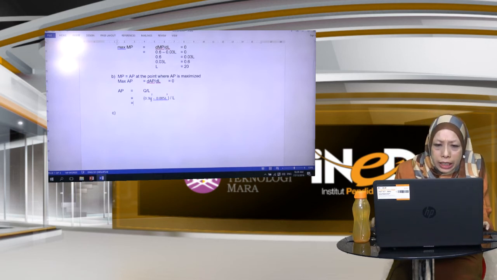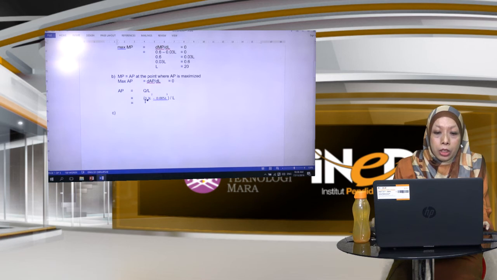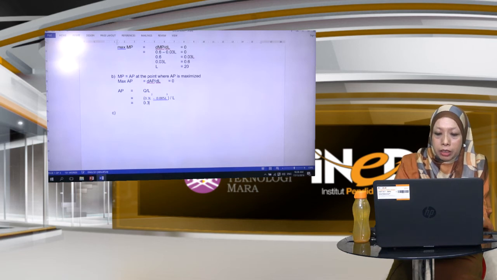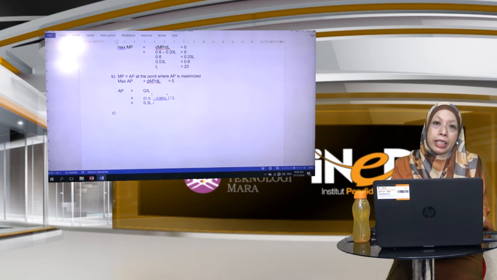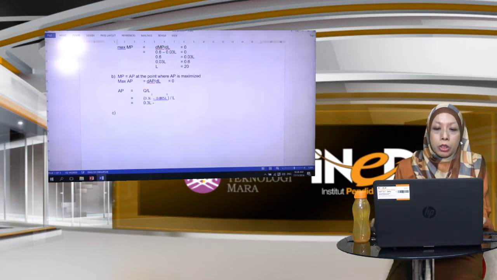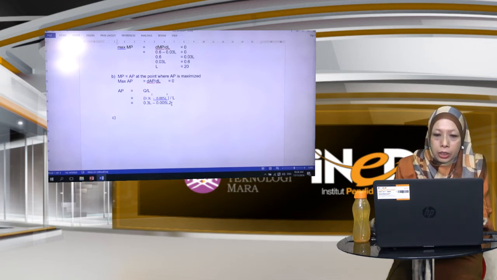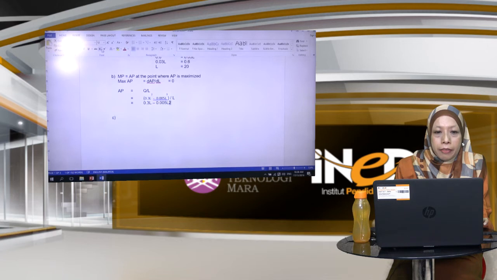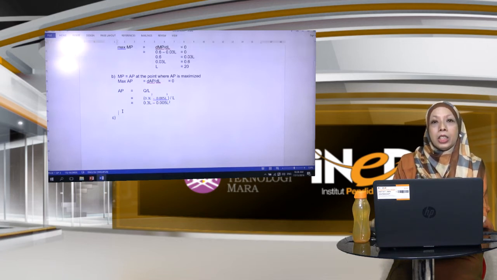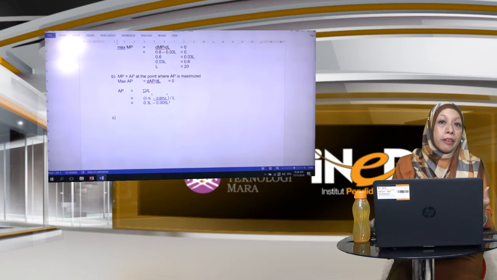You need to divide each component of Q by L. So 0.3 L squared, when you divide by L, will leave you with 0.3 L. Minus sign, you write again the minus sign. And 0.005 L to the power of 3, when you divide it by L, you end up with 0.005 L to the power of 2. So this is your average product function. Remember, to derive the average product function, all you need to do is get the total product function and divide it by L.